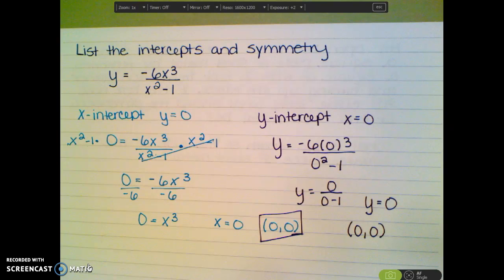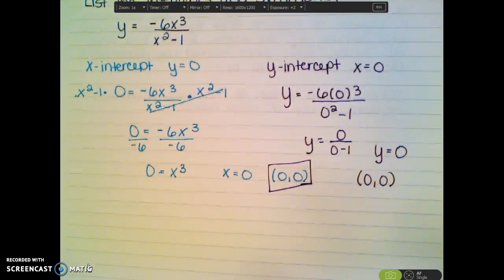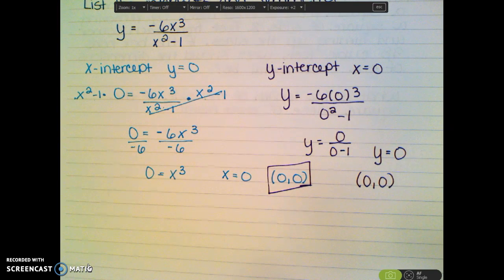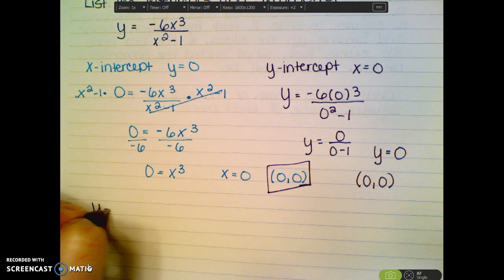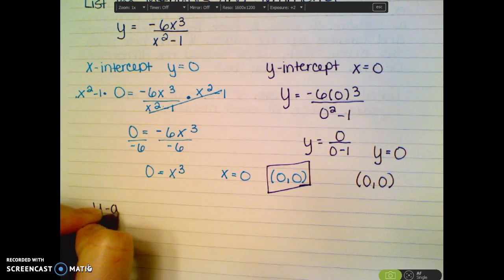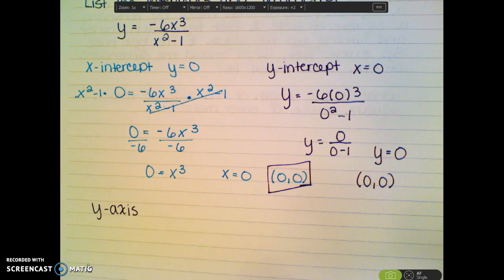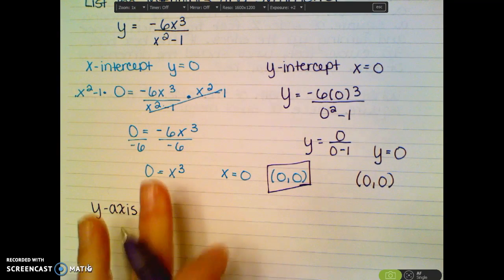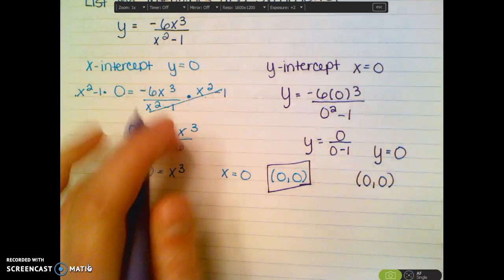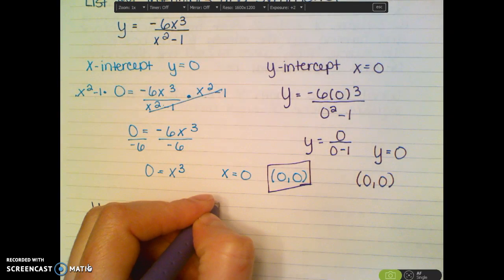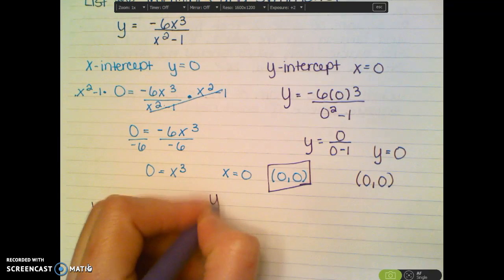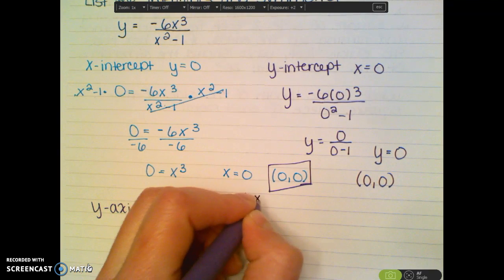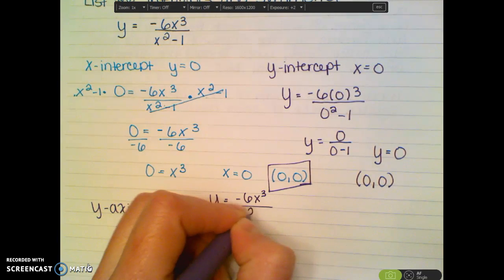Okay? Next, we test for symmetry. So we will start with checking for y-axis symmetry. I'm just going to copy this down as I move my paper up. So this is going to kind of disappear, but still working with the same problem. So I'm just going to copy it right here. Y equals negative 6x cubed over x squared minus 1.